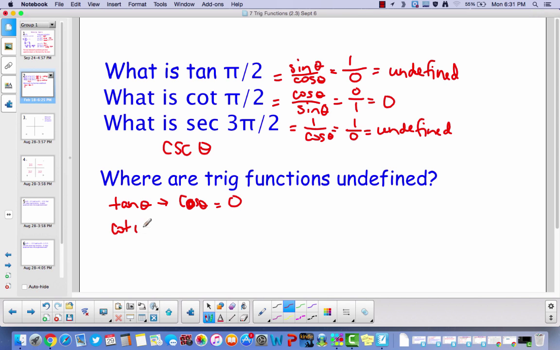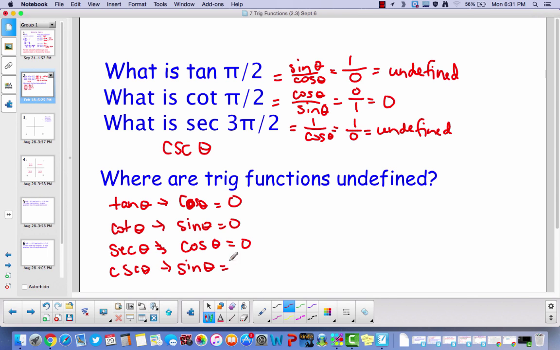Cotangent is undefined when the denominator, so sine, is 0. Secant is also undefined when cosine is 0, because it's one over the cosine. And cosecant is undefined when sine is 0.